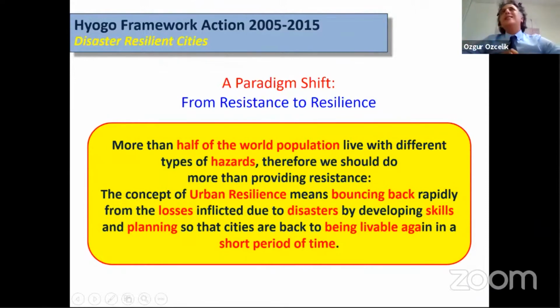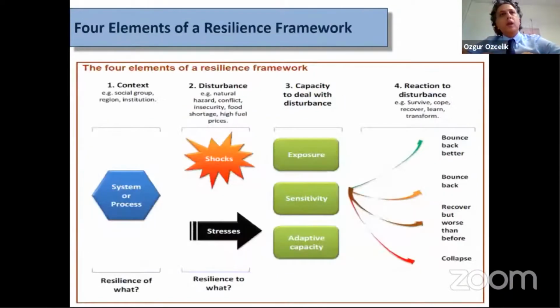So resilience is a more complete framework. It doesn't just provide resistance, but it also provides adaptive learning from that resistance so that you can build better. So there are 4 elements of a resilience framework.